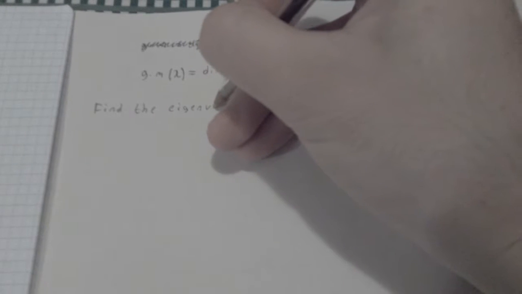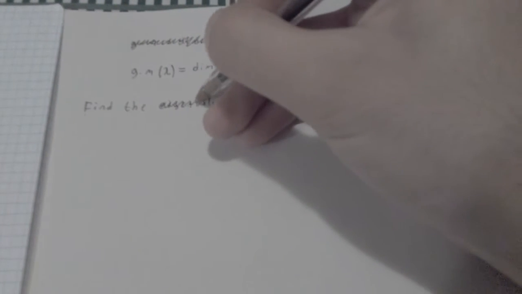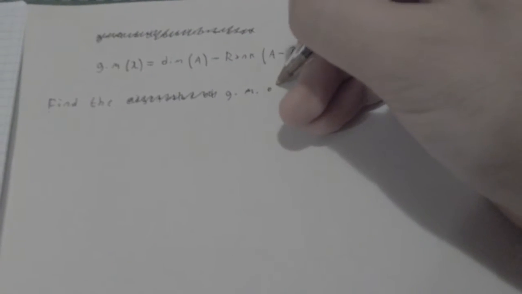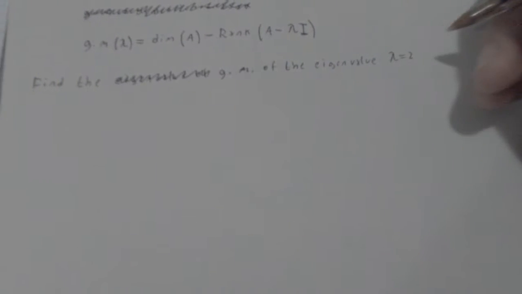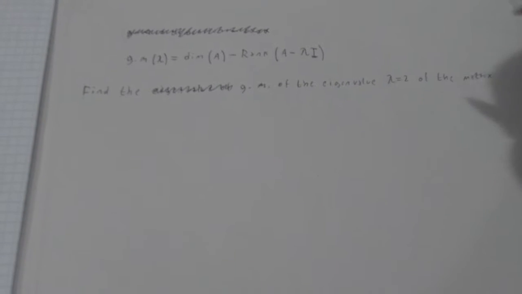So let me show you an example. Let's suppose that you had to find the geometric multiplicity of the eigenvalue lambda equal 2 of the matrix, let's have a 3 by 3 matrix, that's going to be fine: 4 2 0, negative 1 1 0, and 1 1 2.